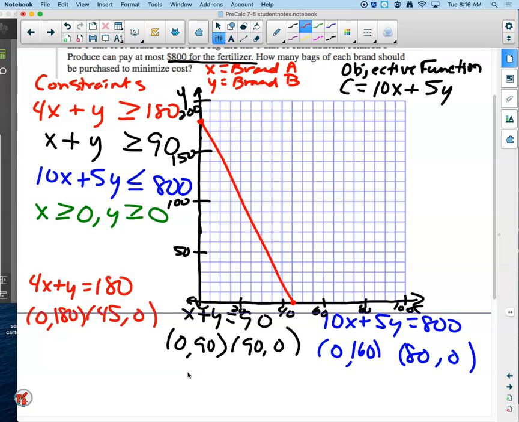But then I remember this one said at least, so it has to be greater than or equal to 180. So this is kind of weird. We're going to have to go shading outward. Now I'm not putting arrows on this one because you can't have a negative amount of bags.